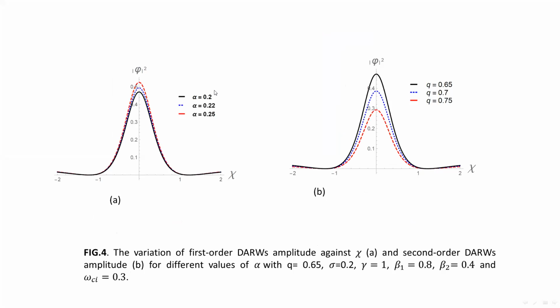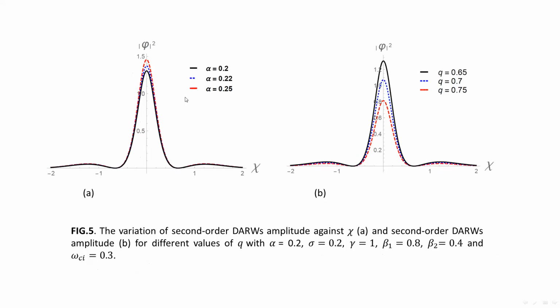For alpha, increasing the non-thermal parameter increases the instability of the system, which increases the width and the amplitude of the rogue wave. Increasing the non-extensive parameter Q decreases the amplitude and the width of the rogue wave and increases the stability of the system. Also, for the second order rogue wave solution, the same effect exists.